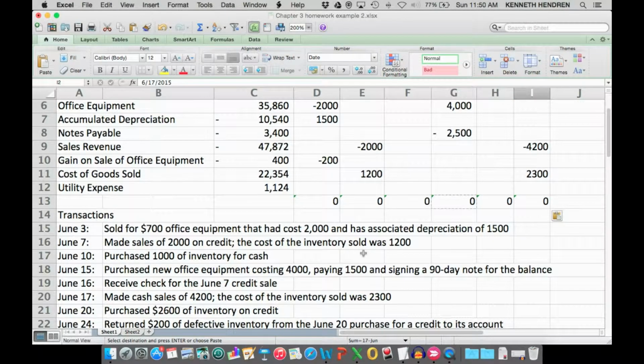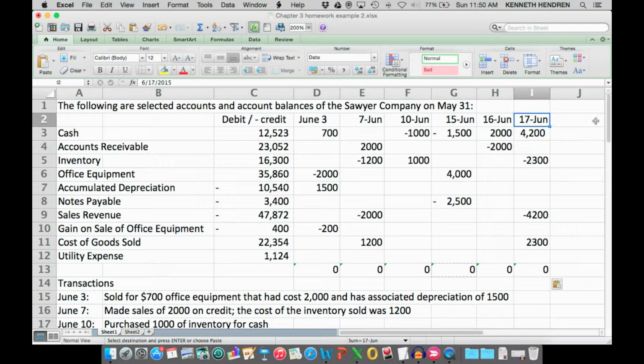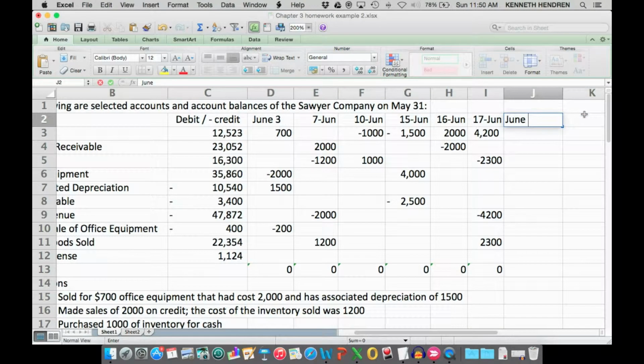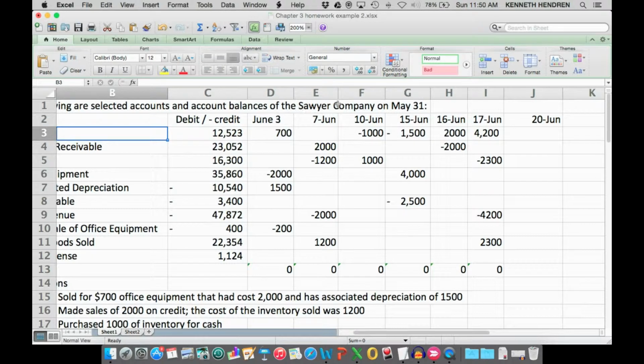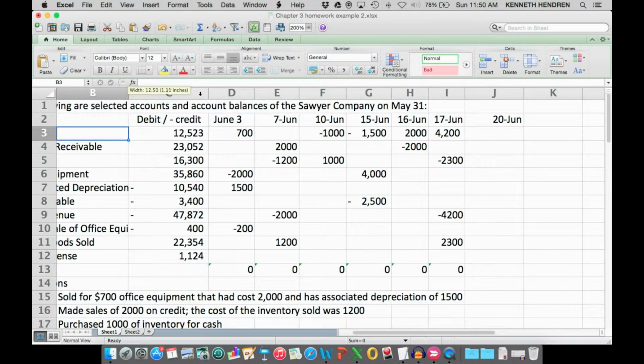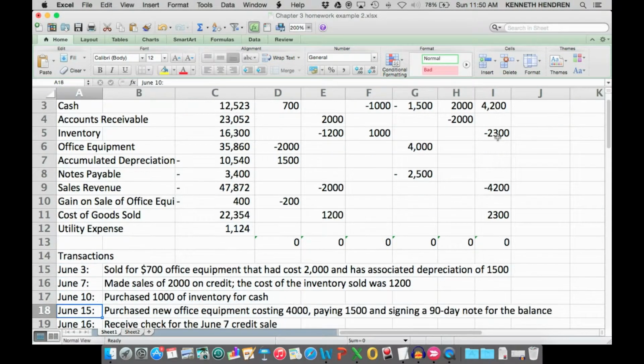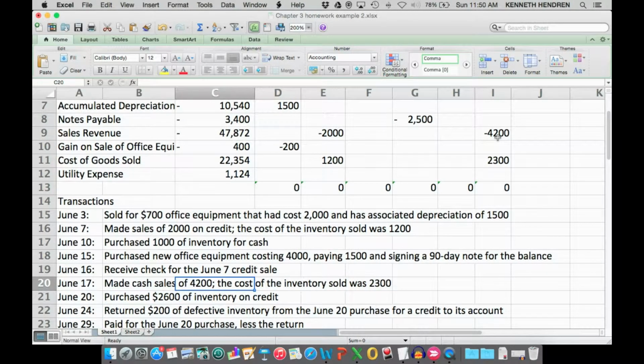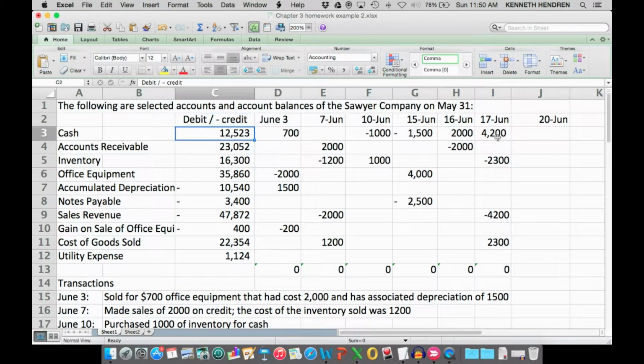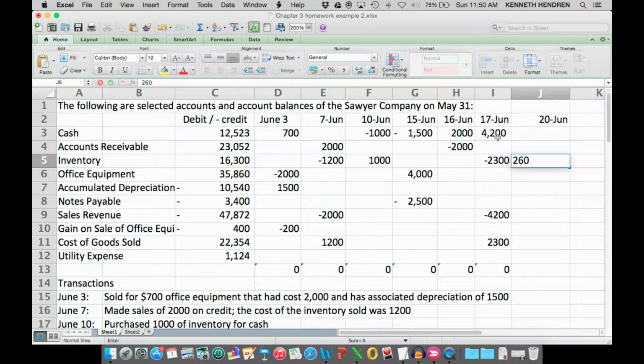Now June 20th. Purchased $2,600 of inventory on credit. Let's get us some room here. June 20th, $2,600 in inventory on credit was a purchase, so our inventory goes up by $2,600, and we purchased it on credit.